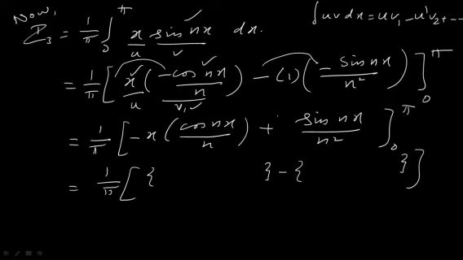So now let me first mark the portions of x. So over these three portions we have x. So first let me substitute pi. So minus pi cos n pi. You know the value of cos n pi, isn't it?